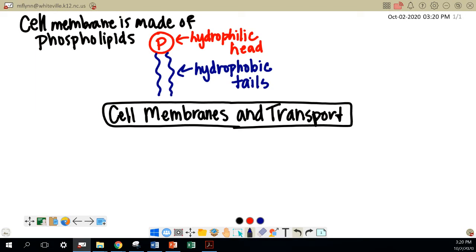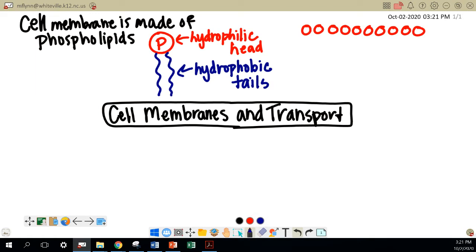So what that means is that hydrophilic, they like water. Hydrophobic, they do not. So when we're looking at the structure of the cell membrane, what it actually looks like, we've got these little heads here all lined up together.